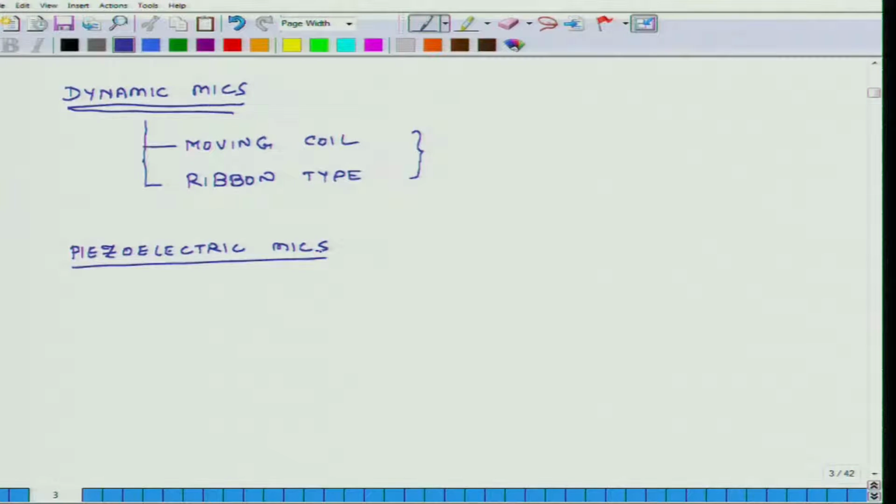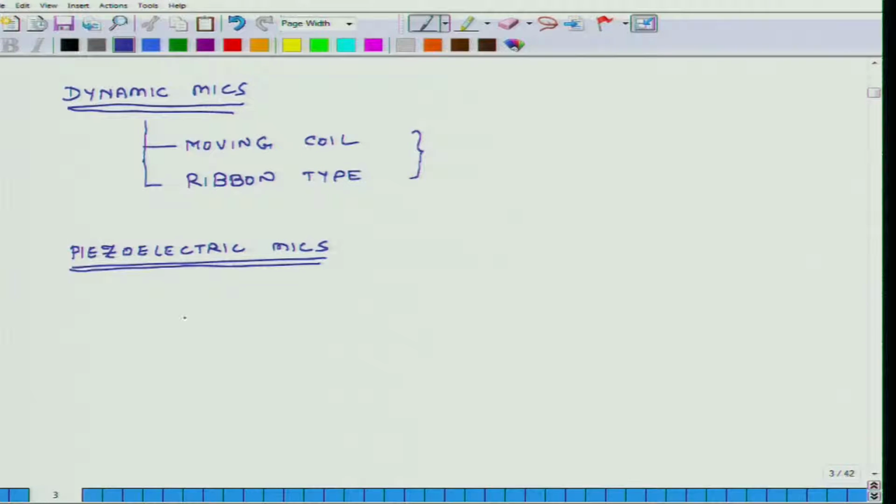Piezoelectric mics. Okay. So again, I'm fairly certain you are familiar that these piezoelectric materials have a property that depends on which type of material we are talking about.